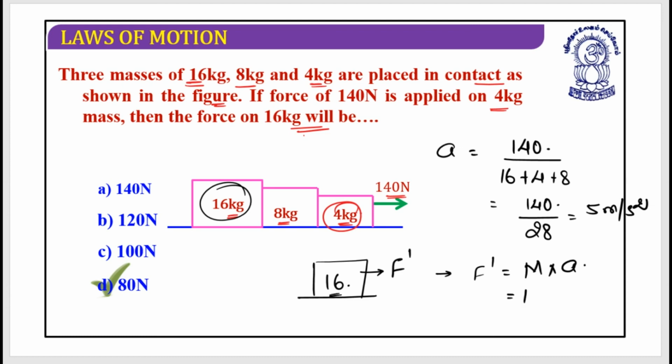The mass of the box is 16, acceleration is 5, because these are connected bodies and all the bodies must have the same acceleration. So this could be written as 16 into 5, that is 80 Newton. Is it clear?